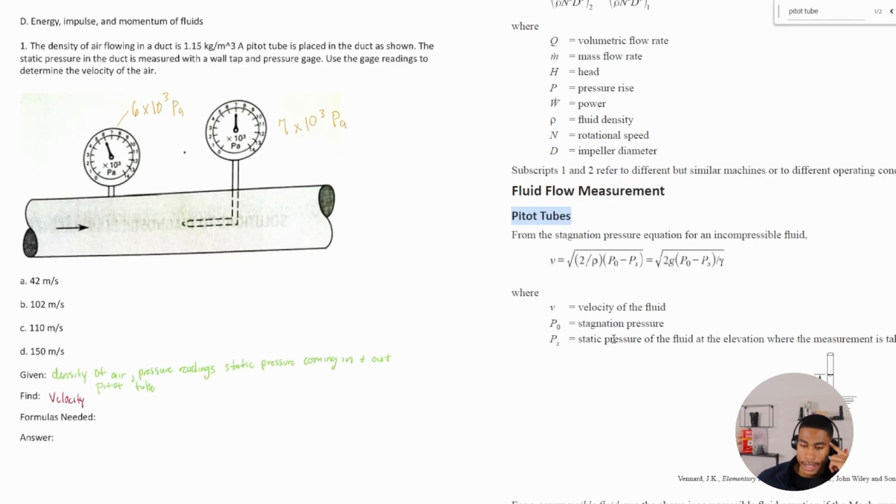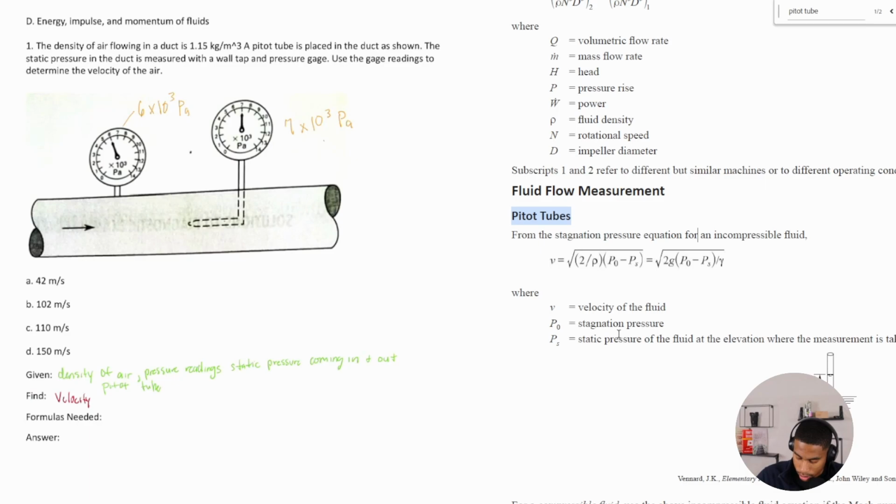So PS is the start, and P0 is where it ends. So this would be our P0, and the static pressure of the fluid where the measurement is taken is here. So that's going to be our PS.